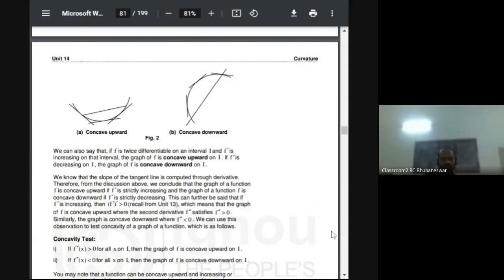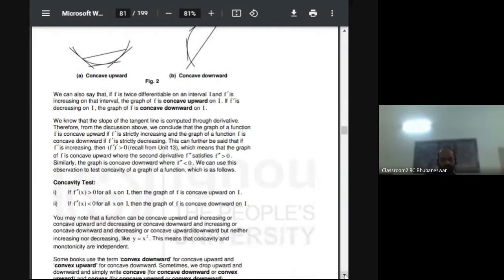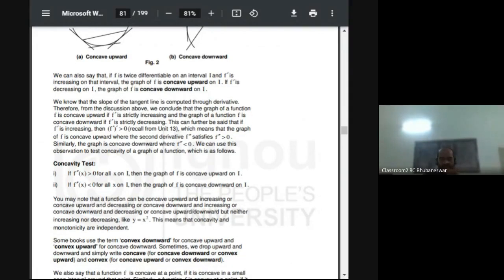So that's why we can say that the curve, or the function, is concave downward. Concavity test of the function.